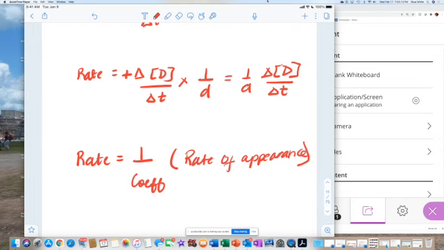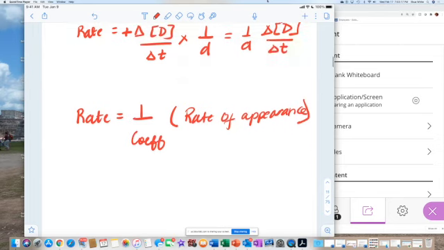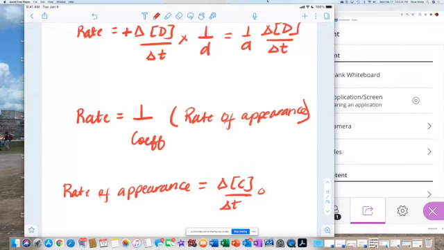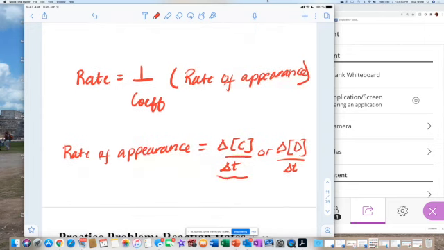So now you know if they ask you for this in this context here, your rate of appearance will be, of course, delta C over delta T, or delta D over delta T. Yeah, if they're asking you, they're really asking you for one of these.